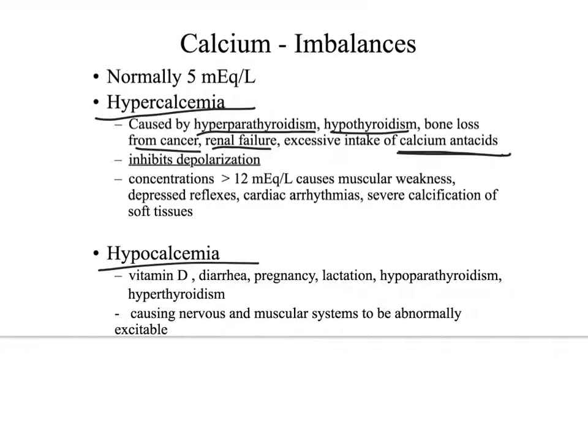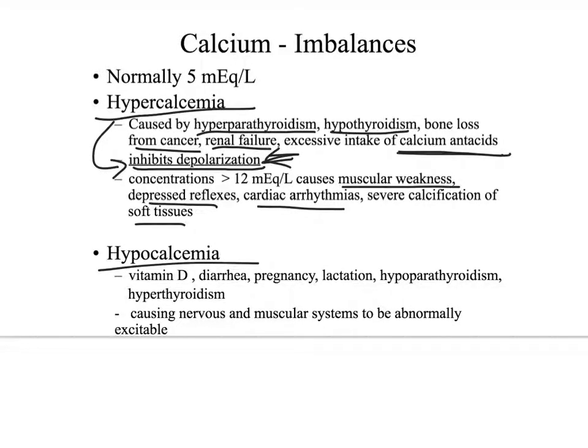If you have too much calcium, it inhibits depolarization. So your cells don't want to fire. So it can cause muscle weakness, slowed reflexes, irregular heartbeat, and it could cause the soft tissue to start to calcify, which is not good. You don't want calcification anywhere but in your bone.